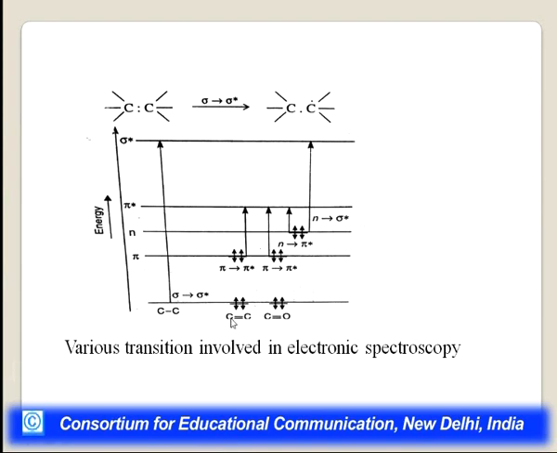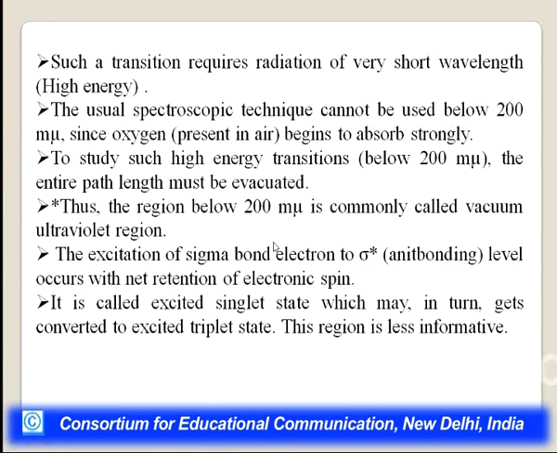If we talk about carbon double bond carbon, you can see the type of transition is pi to pi star. If we talk about the carbonyl group, carbon double bond oxygen, not only sigma to sigma star, but we also observe pi to pi star as well as non-bonding to pi star. And you can see the difference of energy for particular cases.